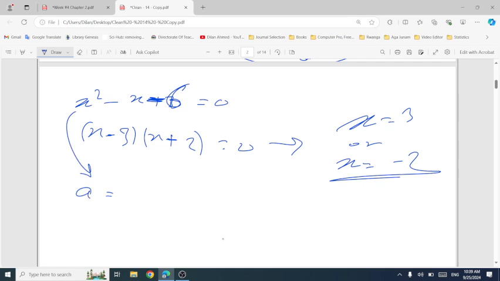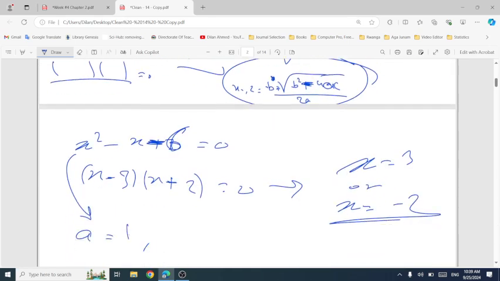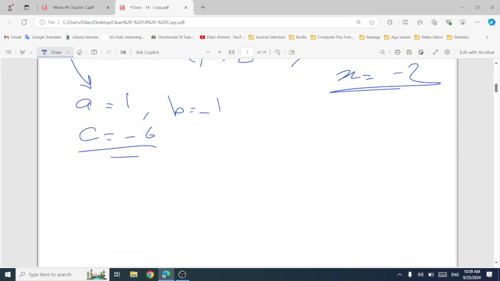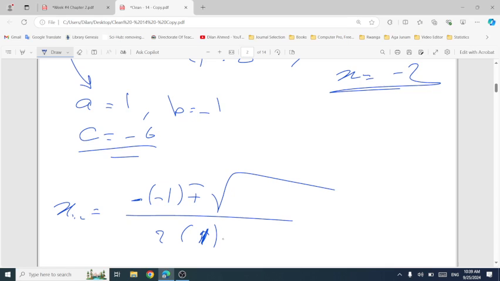This is the review from secondary school to university. So you can say a is equal to 1, b equal to minus 1, c equal to minus 6. And using the formula, you say x1 and 2 equal to minus b plus minus square root of b squared minus 4ac over 2a.